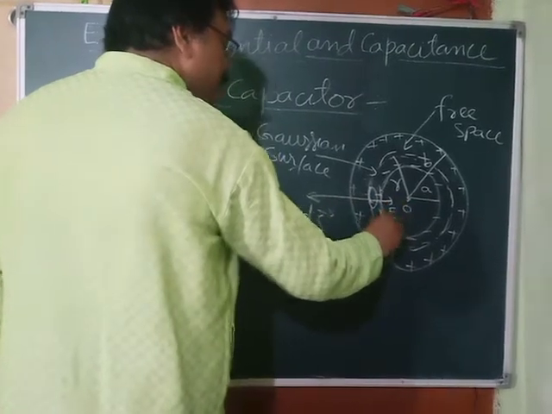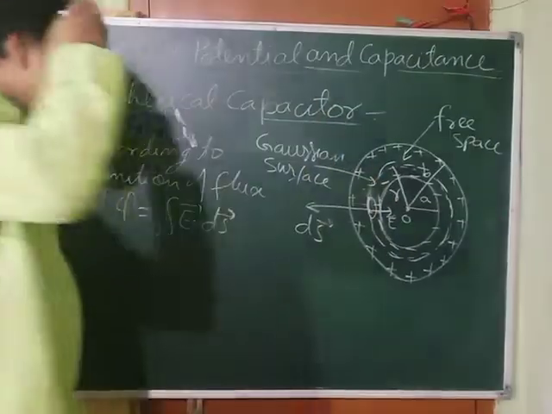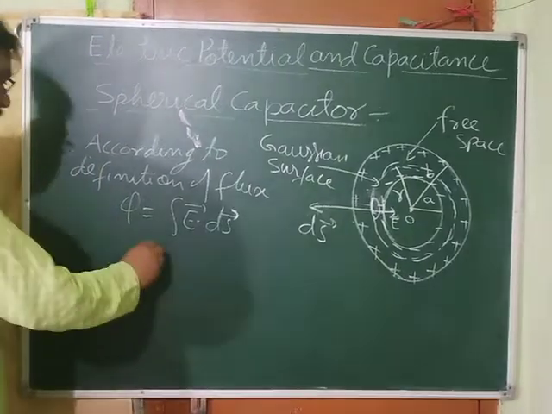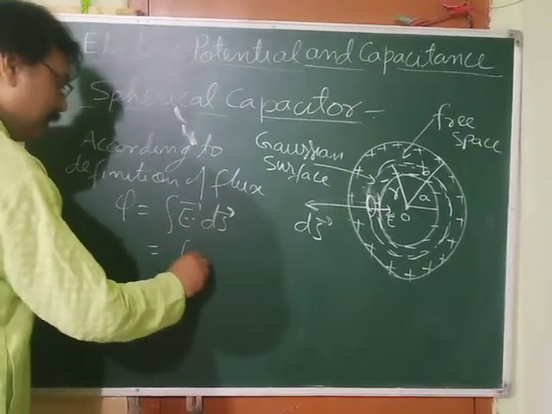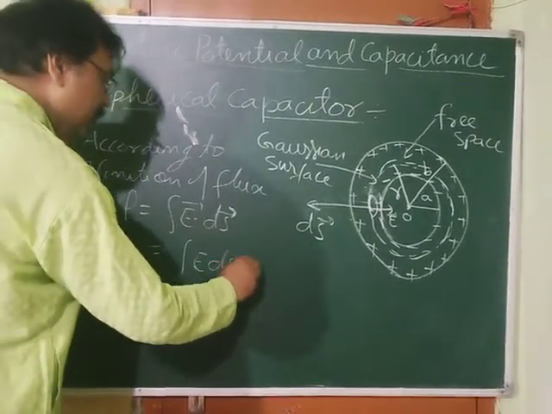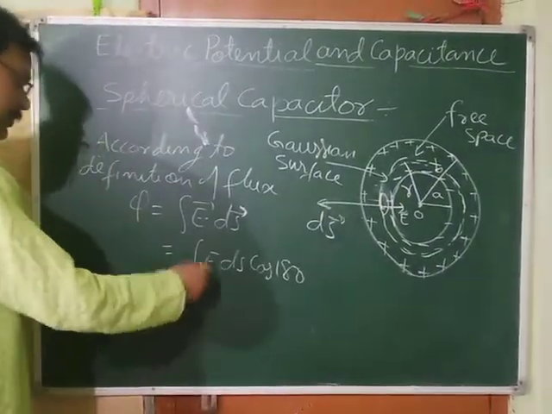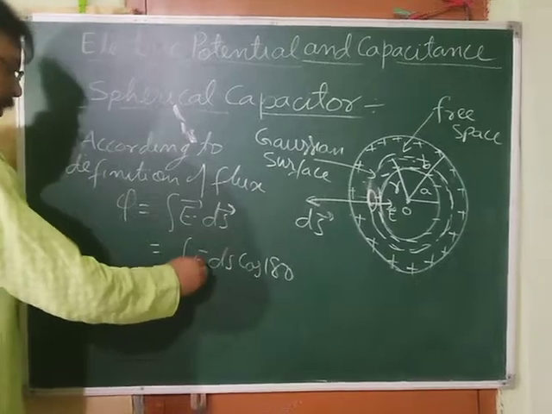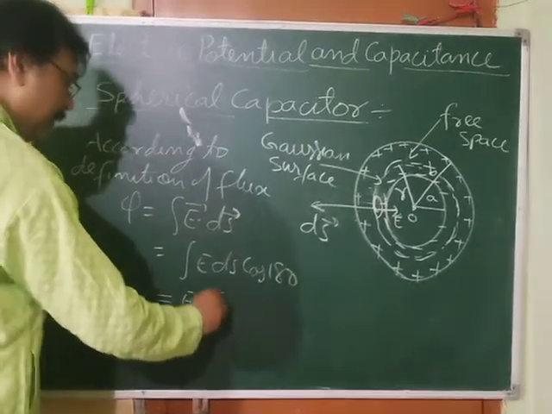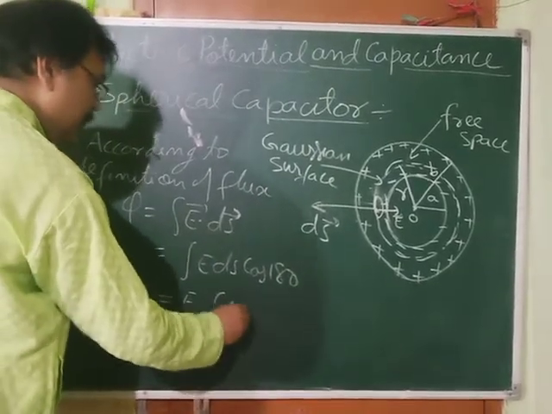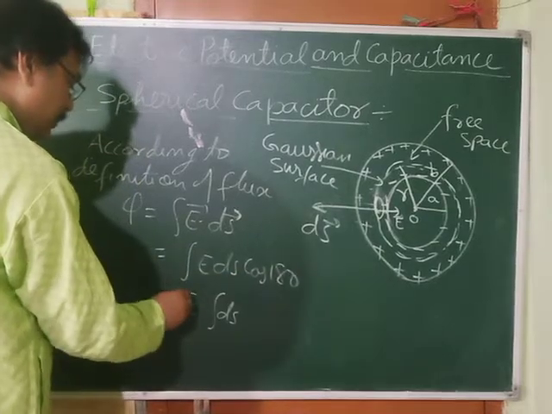So both have opposite directions. So the angle is how much? 180 degrees. So what do we get here? E ds cos 180. That means E is constant, we will take it out. We have to integrate ds. Cos 180 is minus 1, so we will have a minus over here.